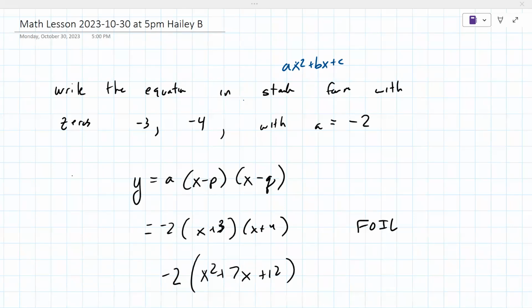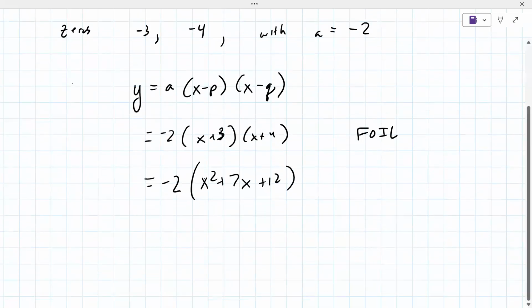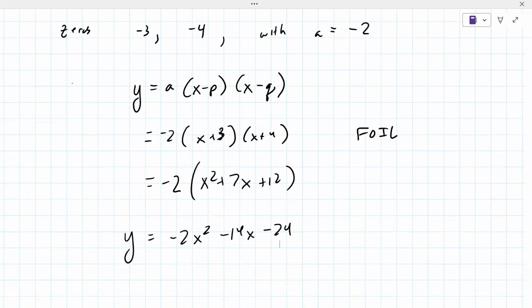So -2x squared minus 14x minus 24. Okay, any questions on that? No. All right, so let me get another one here.